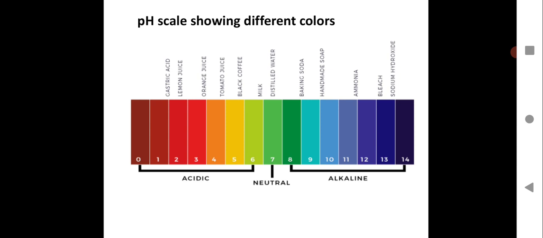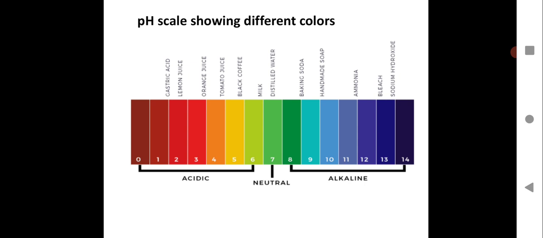As you can see, 7 in the middle is neutral, like distilled water, salt solution, sugar solution. It will give you that light green color. But as you move towards 8, 9, 10, 11, 12, 13, 14, the color will change. The color will change from dark green to blue, deep blue, and violet.